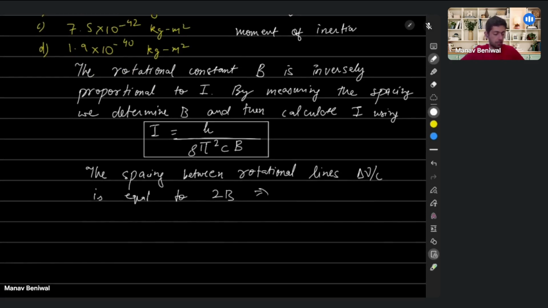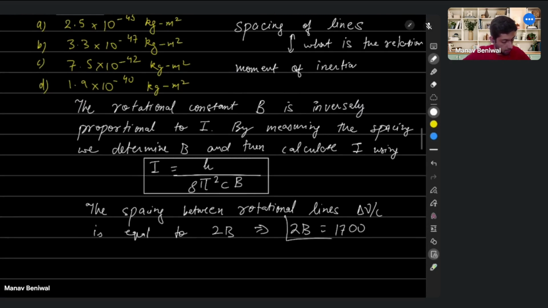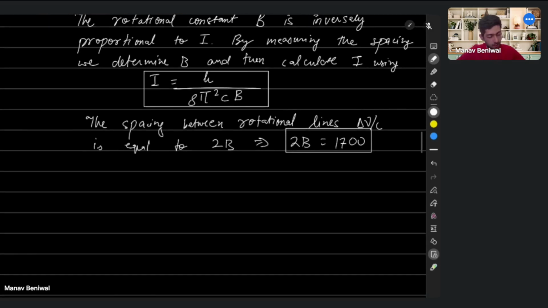So this implies 2B is equal to 1700. Now basically what we will do is we will find B from here and substitute in this equation. So we can directly substitute for 2B.